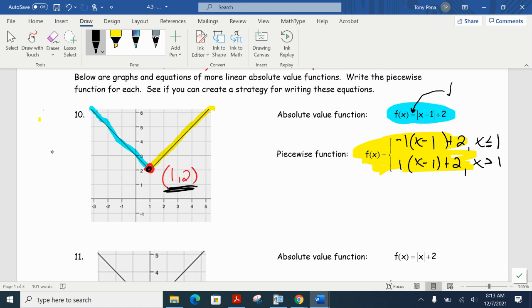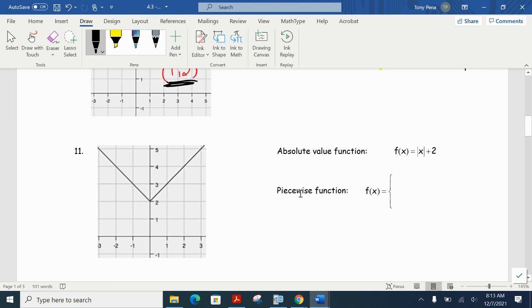One is negative, one is positive. If we look at this point that I used, the x minus a 1 plus a 2, when I wrote the absolute value function, don't we have the exact same thing, but instead of parentheses, it's your absolute value bars. Okay. So kind of keep that in mind. And that's, again, eventually when I just want you to go from one to the other, that's what we're going to want to do. All right.